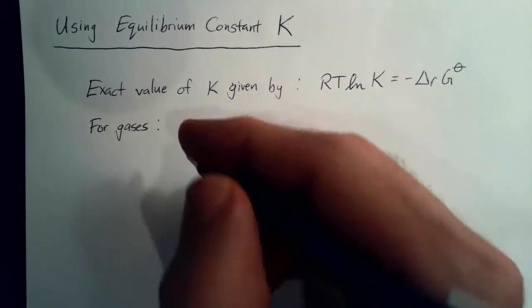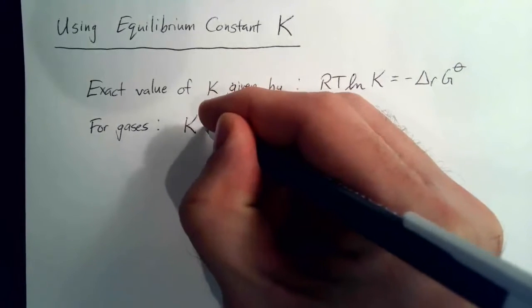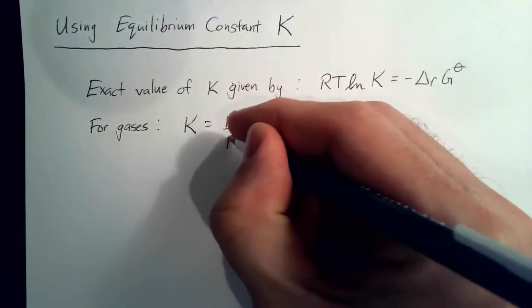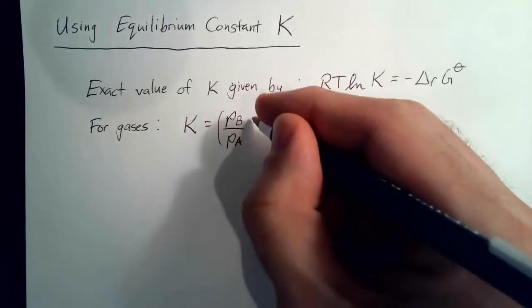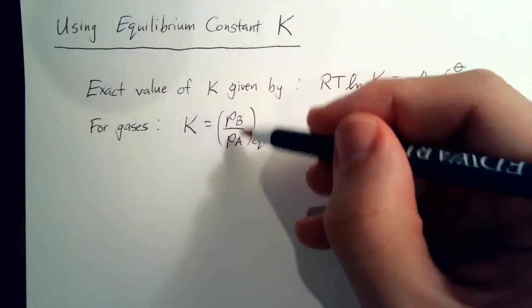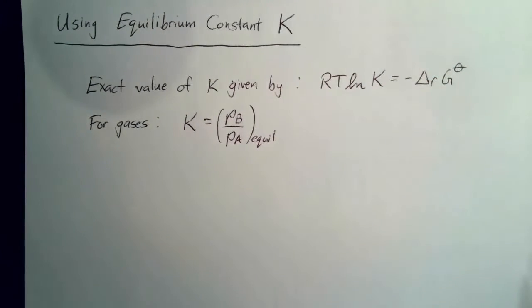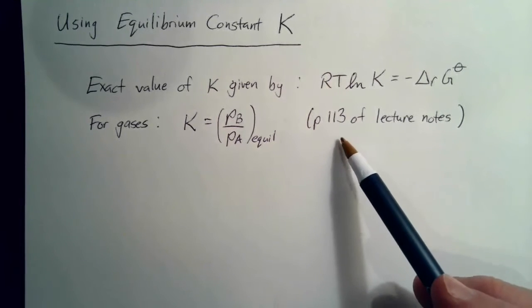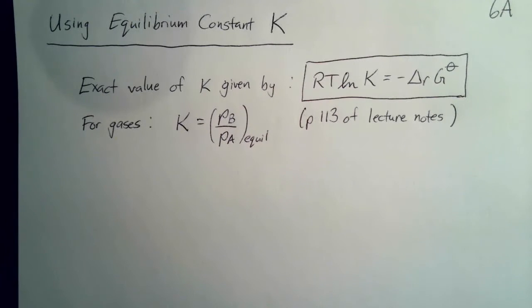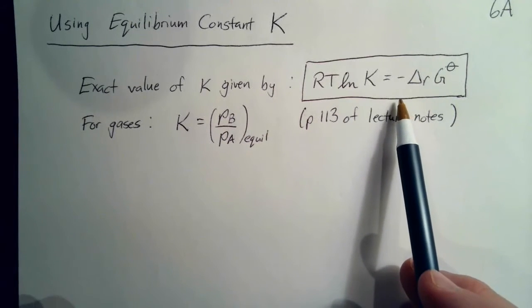For gases, we saw that K is equal to the ratio of the partial pressures of the products over the reactants at equilibrium. And you can find an explanation for all of this on page 113 of these lecture notes. Okay, so looking at this equation in the box, let's make some observations.